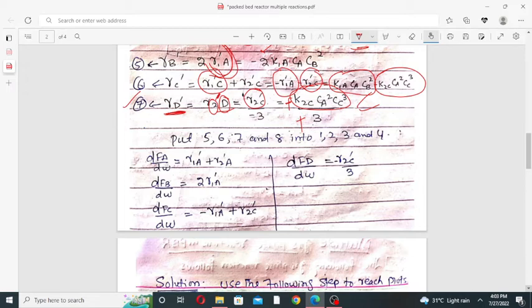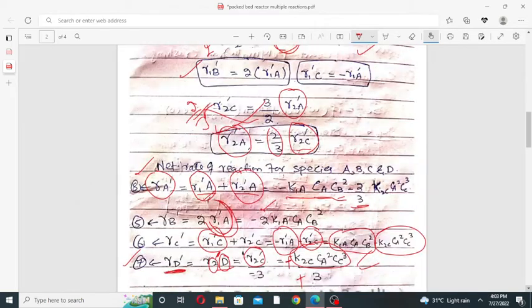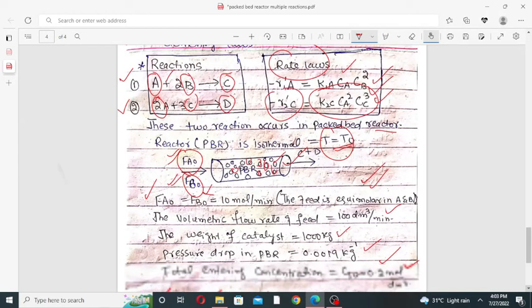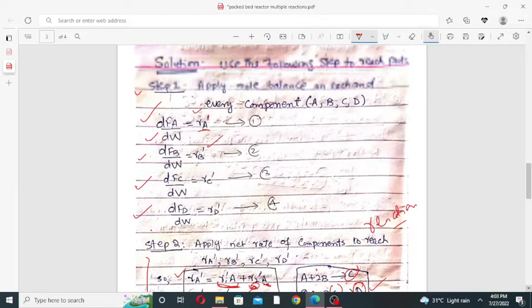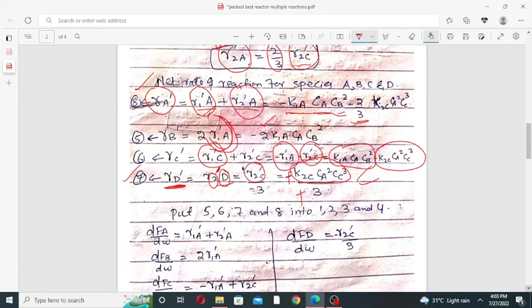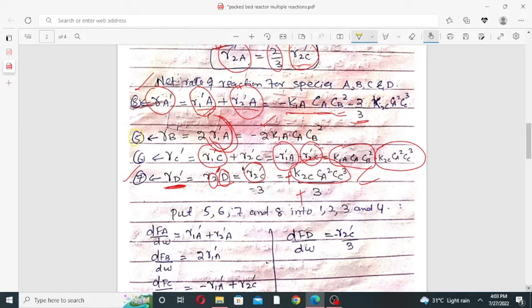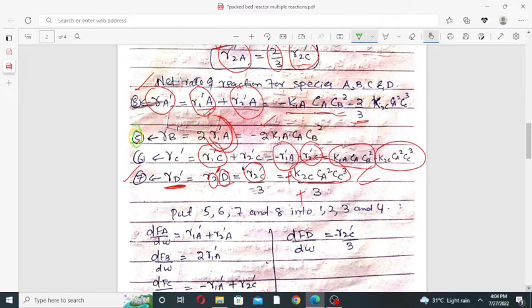So equation number 5, 6, 7 and 8 go into equation number 1, 2, 3 and 4.